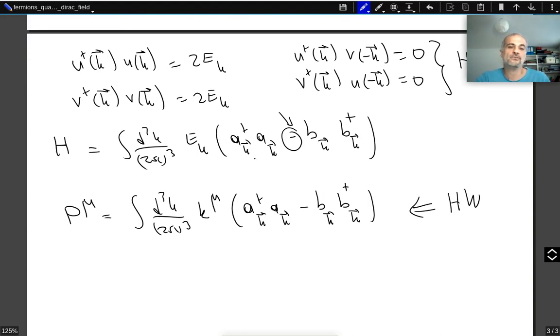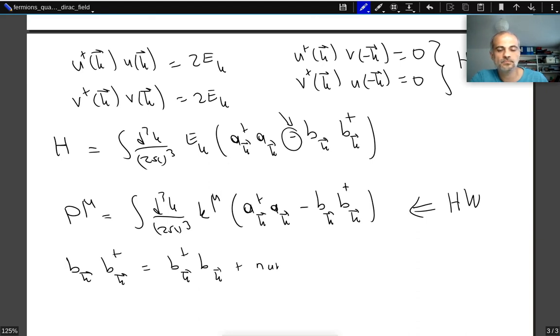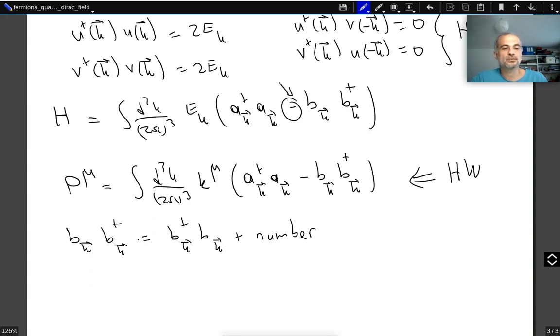So if we impose the same commutations here, this bk, bk dagger would be just bk dagger, bk plus some number with a minus sign.